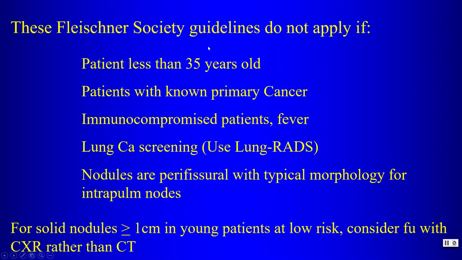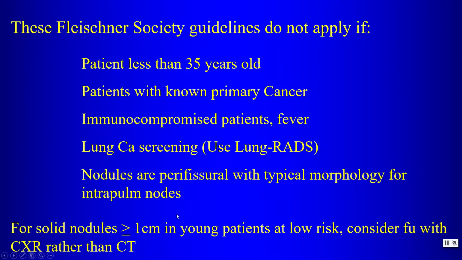The Fleischner Society guidelines do not apply if the patient is less than 35 years old, if the patient has a known primary cancer, if there's an immunocompromised patient with fever, if we're doing lung cancer screening, here we use Lung-RADS, if nodules are perifissural with typical morphology for intrapulmonary nodes.